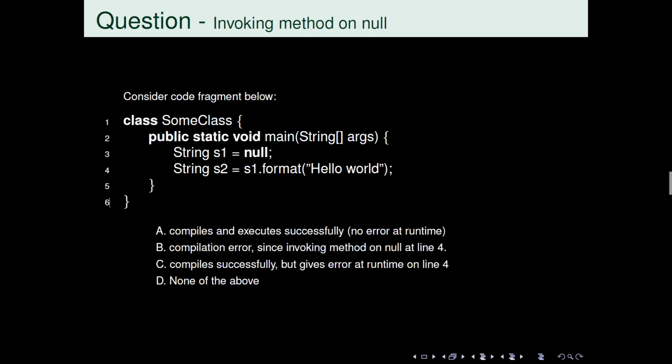For option A, I think comparison has zero successful. Anyone else has the same option? Option A. Sir, it will search in the S1 object first, then it won't find, then it will search in the class. But S1 is null. The whole point is S1 is null, right?